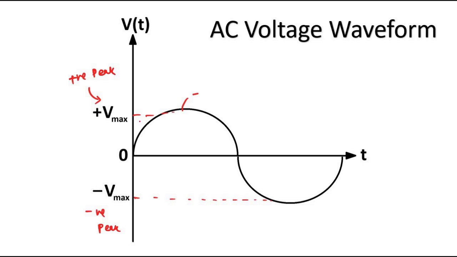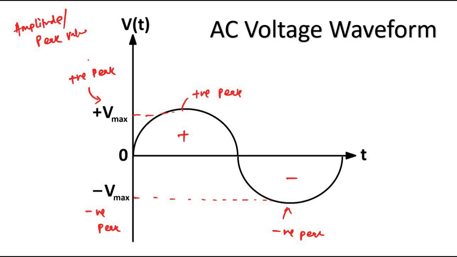The positive peak is the maximum value attained during the positive half cycle, and the negative peak is the maximum value attained during the negative half cycle. So the peak value is simply the modulus of that, the maximum value attained by the signal. In other words, we can also say this is the amplitude. Amplitude is the same as peak value.